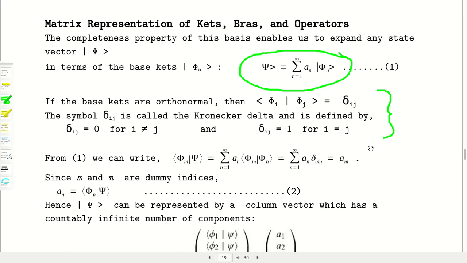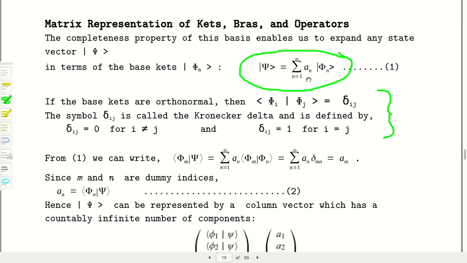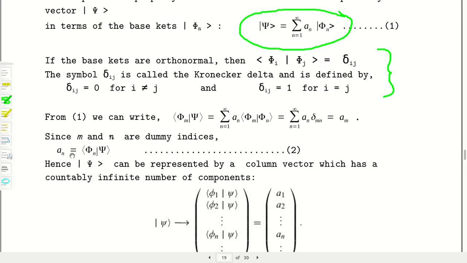As m and n are dummy indices, we can interchange them. Because we want to find a n, we can replace m with n, since the index has no other physical meaning. They are called dummy. So a n will be equal to <phi n|psi>.